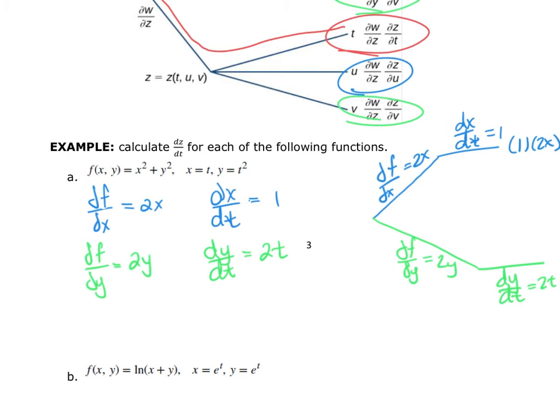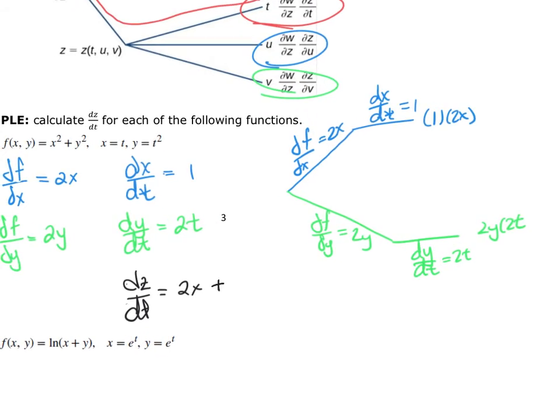So dz/dt, not partials, these are full derivatives, is going to be equal to 2x plus 4yt.